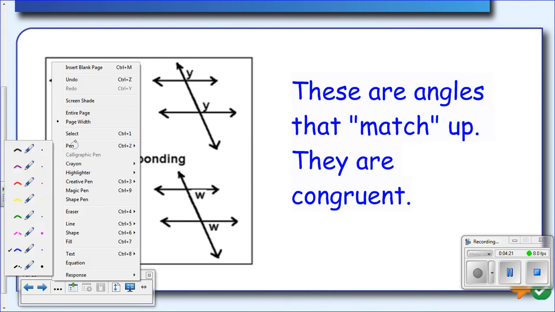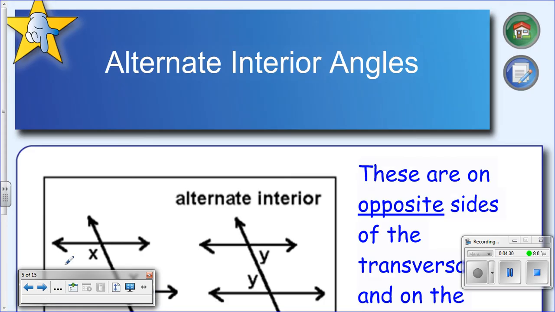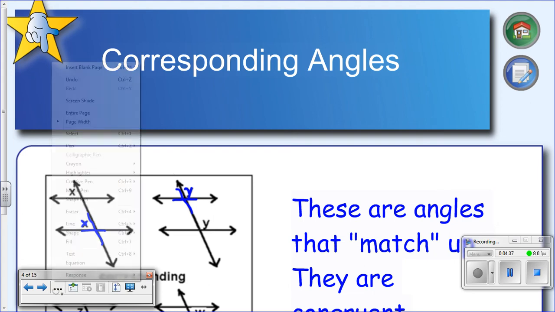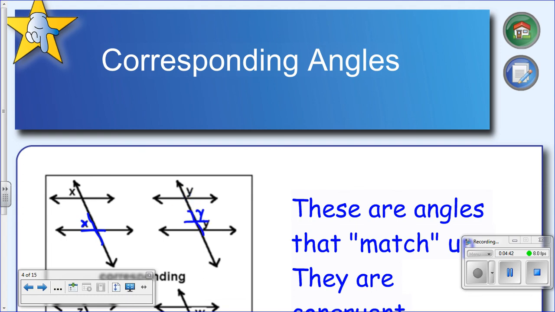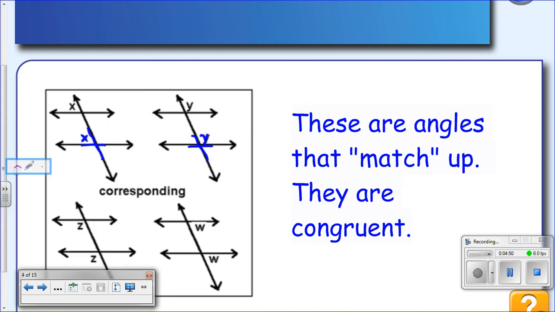Similarly, I have this angle. We'll call this one Y. If I do the same thing, let me get my selecting pen here. If I drag this one down the transversal, it matches up here. And by the way, this line right here, the line that cuts the parallel lines, is called the transversal.